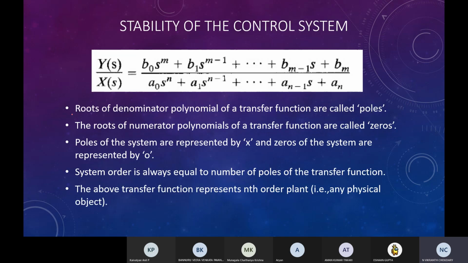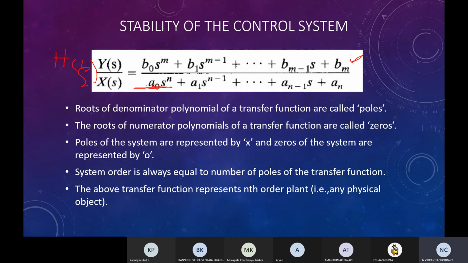Now we'll see how it shows us the stability of the system. Here it is given as an example: transfer function Y(s) by X(s), and the roots of the polynomial in the denominator are called poles. In a normal polynomial fraction, the roots of the numerator are called zeros, because if you substitute that number in place of s, you will get zero as the output.